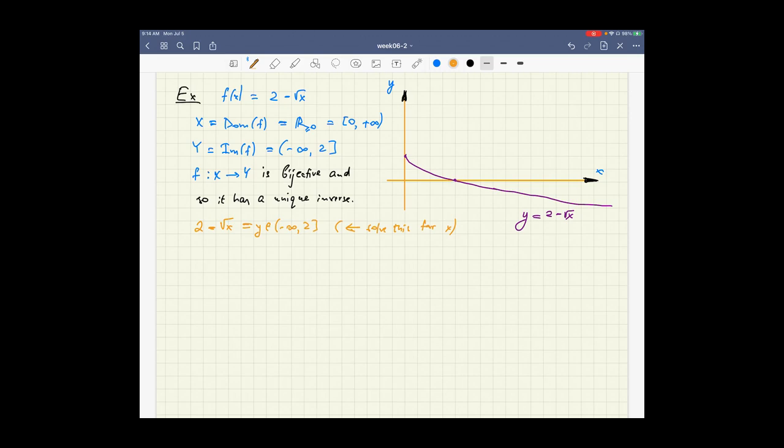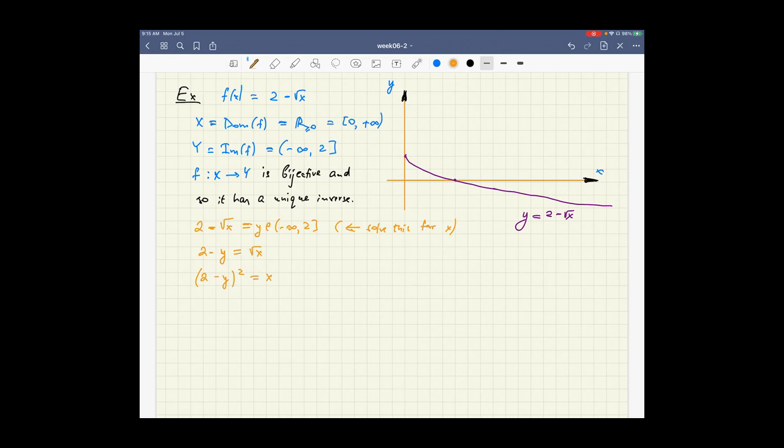To solve this for x, we write 2 minus y equals root x, because y is less than or equal to 2. It's safe to raise both sides of this equation to the second power. And we're done solving this for x.